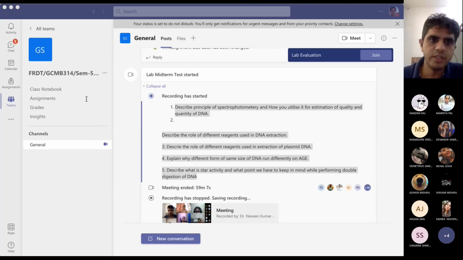Okay, so question number one was: describe the principle of spectrophotometry, and how you utilize it for the estimation of the quality and the quantity of DNA.